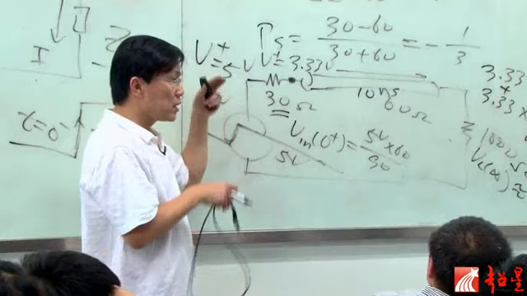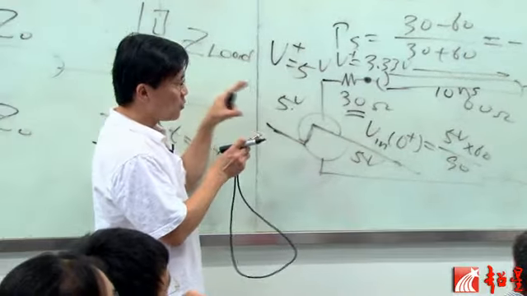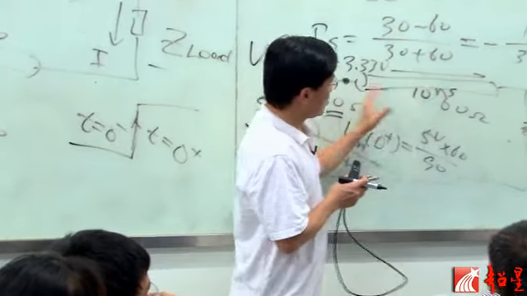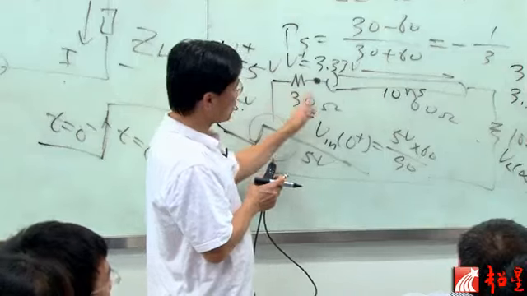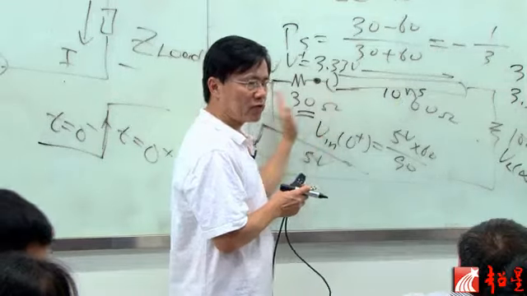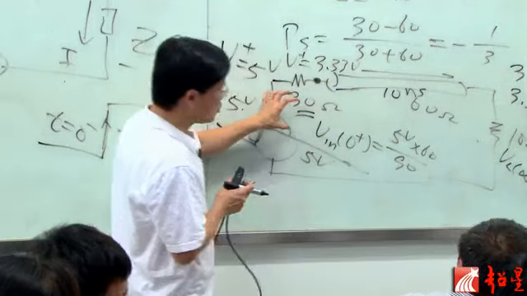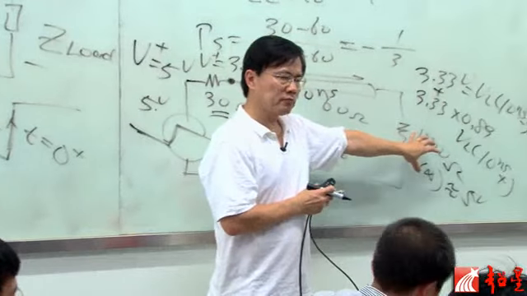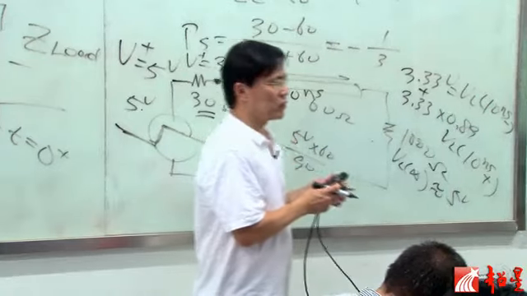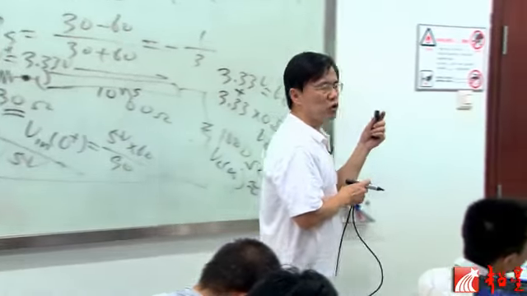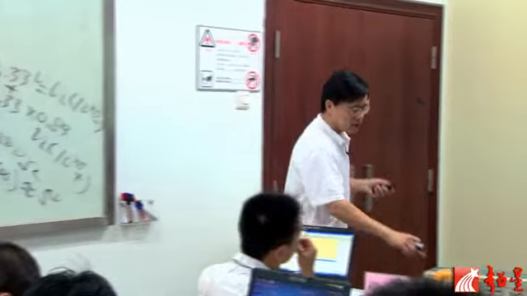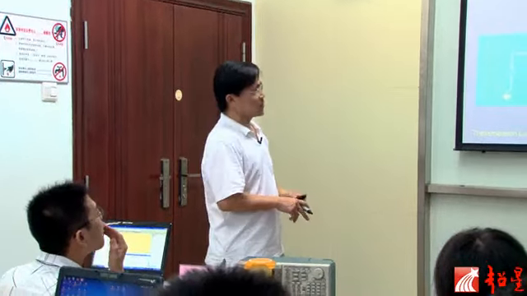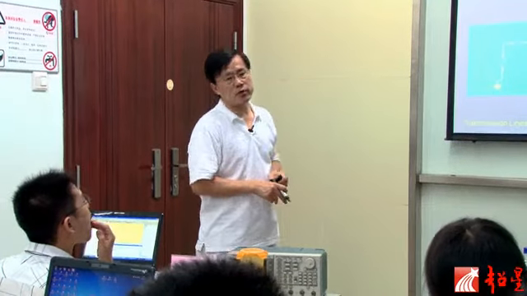So that's how we know roughly what's going on here. We don't know what's going on when the wave is going back and forth, but we know the initial voltage and the final voltage. So now what we need to do is find out what's going on in between, and to do that we use a technique called the bounce diagram.